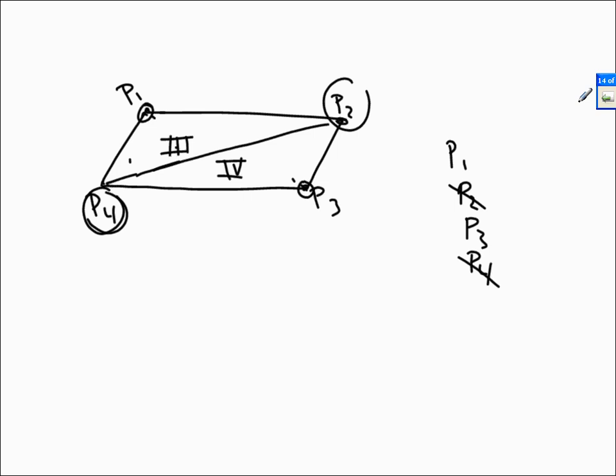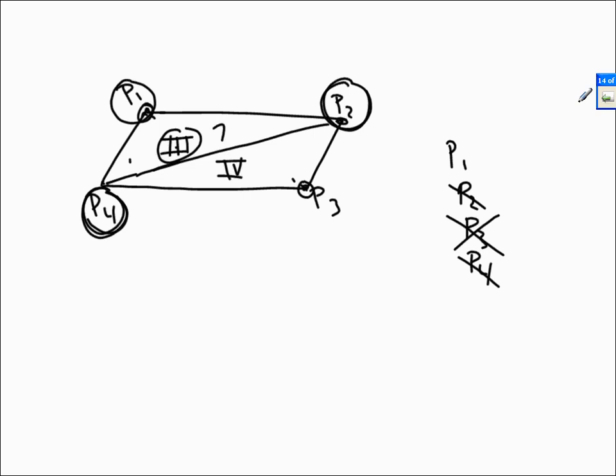Now, if I wanted to find the area of triangle 3, well, triangle 3 uses vertices P4, P1, and P2. That is, it doesn't use vertex P3. Okay? And you find the area of the upper left triangle, and then double it, and you'll have the whole area.